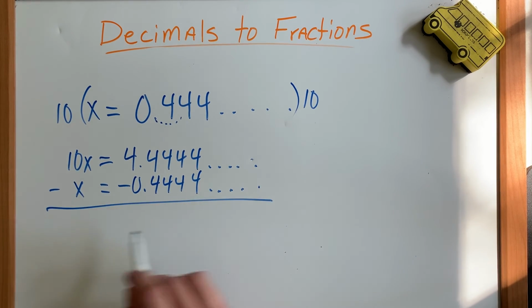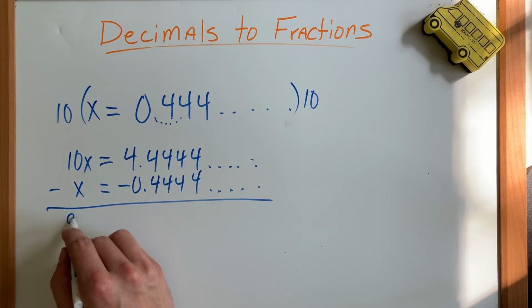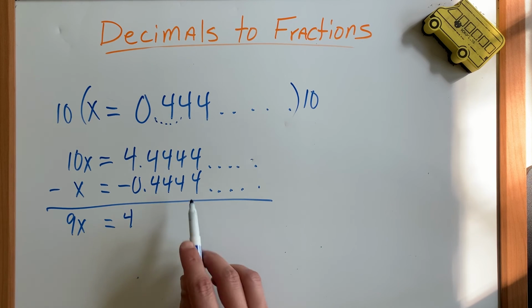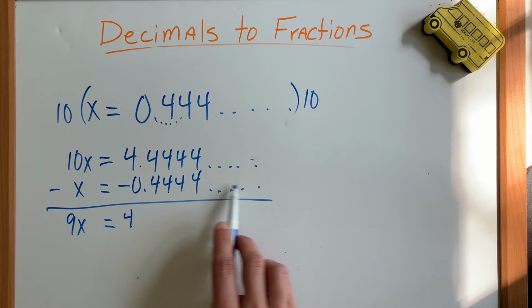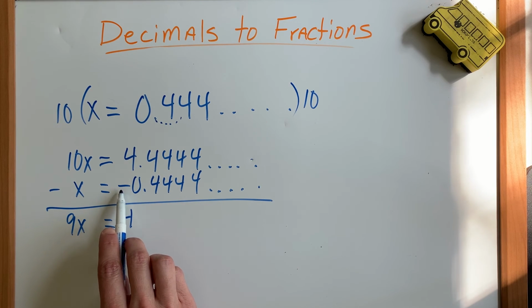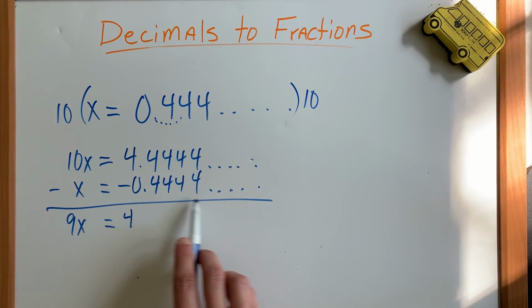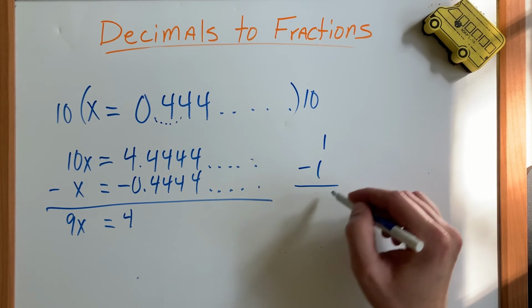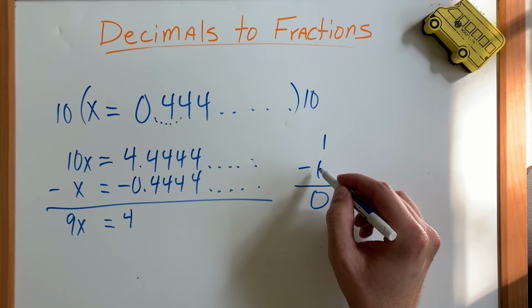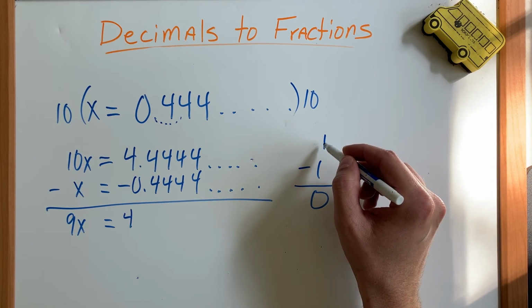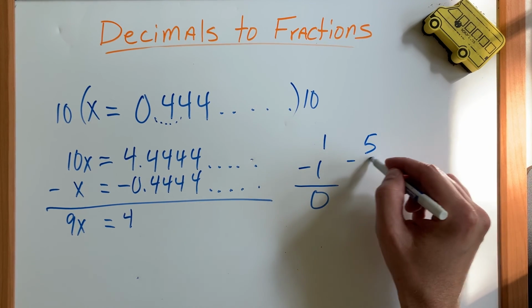And what happens is 10x minus x is 9x, and when I take 4 minus 0, I get 4, and all of these decimals are equal, and they're going to cancel out when I subtract them. It's like taking 1 minus 1 and getting 0, or 5 minus 5.